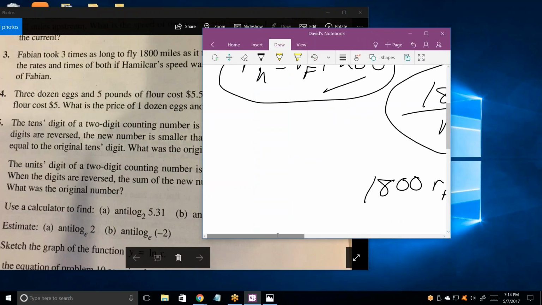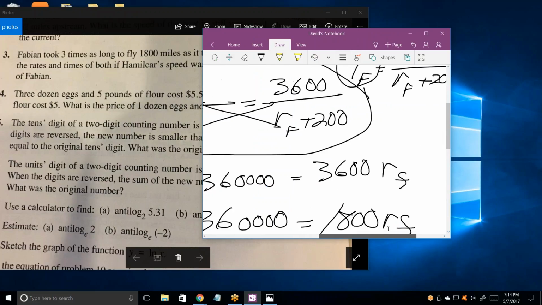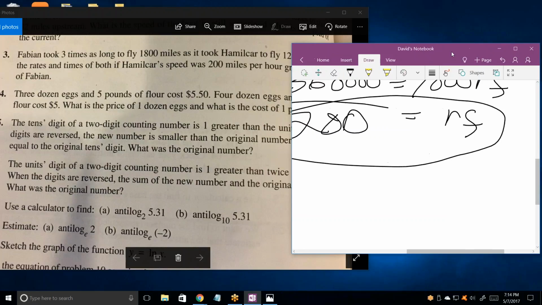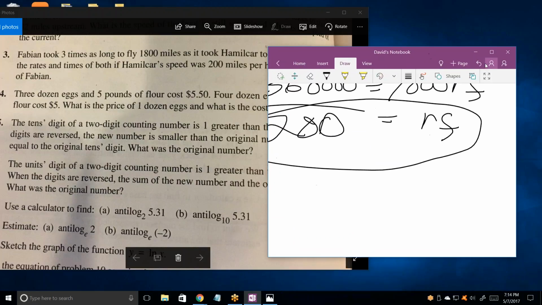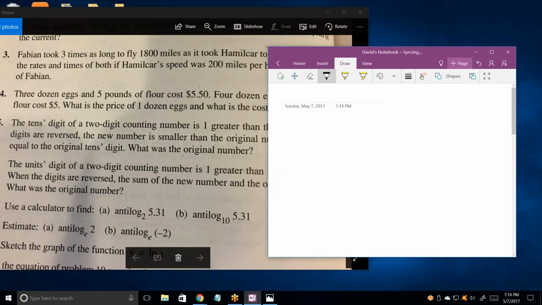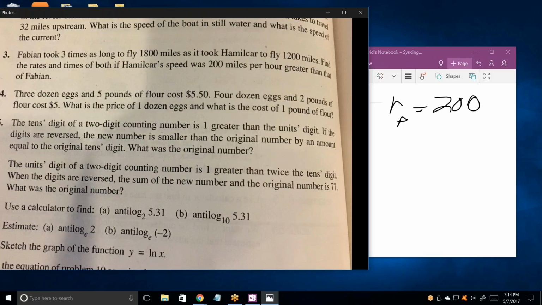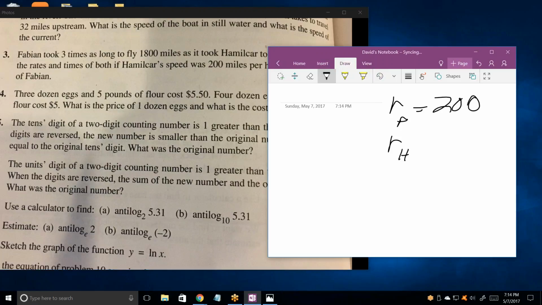I got the speed of Fabian is 200 miles per hour. Find the rate and times if Hamilton's car was 200 miles per hour greater than Fabian's. That means the rate of Hamilton is 400 miles per hour.